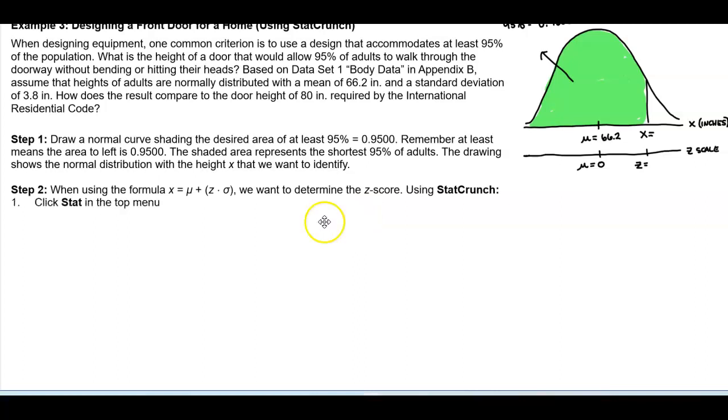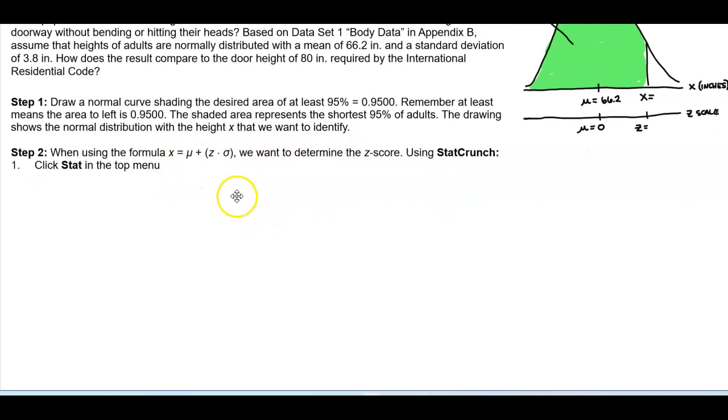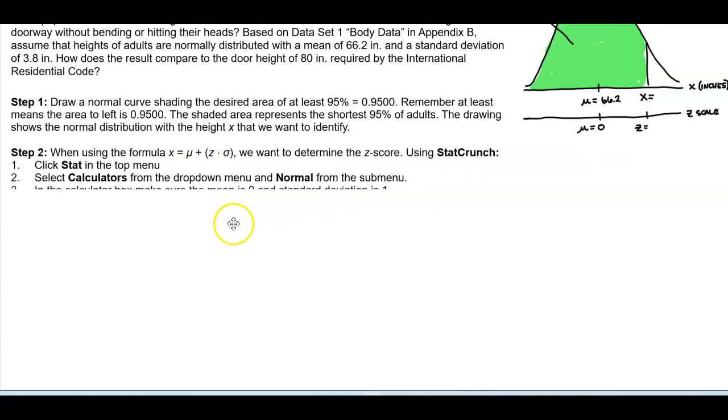Now when using the following formula, x equals the mean plus z times the standard deviation, what we wanted to determine first is the z-score, so we can plug it into this equation and then solve for x. And so using StatCrunch, we're going to click Stat, select Calculators from the drop-down menu, and Normal from the sub-menu.